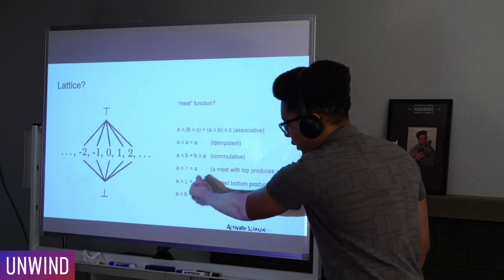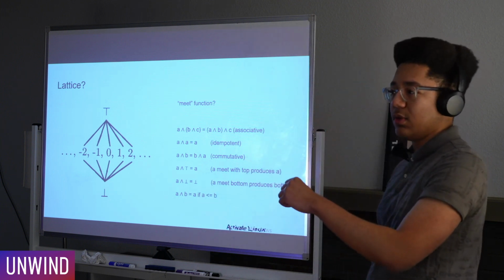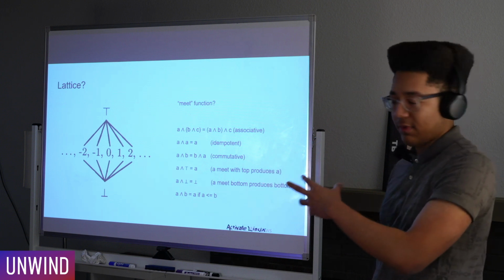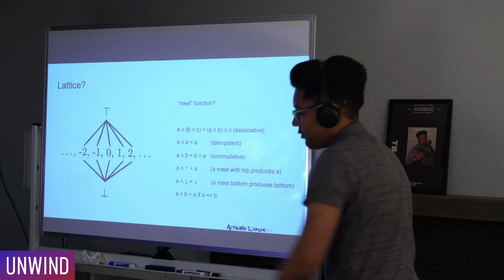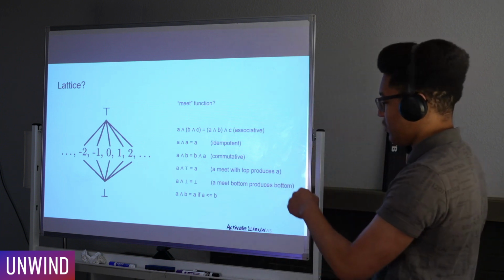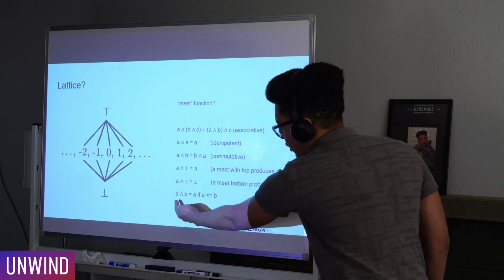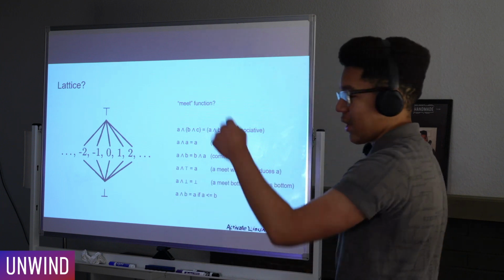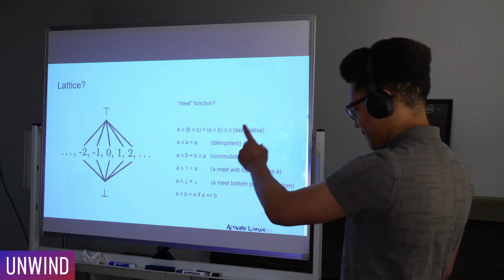And if we union with bottom, we get bottom because bottom contains all the possible values. So anything being unioned with it will just give us all the possible values back. And then we can also talk about ordering, where we can say that certain things are on top of each other. So both of these rules are sort of indicative of the actual rule, which is that meeting something with something else can actually tell us where it's ordered in the lattice.